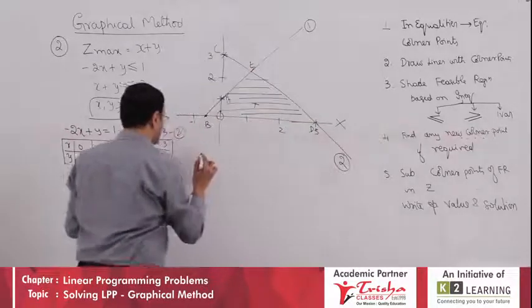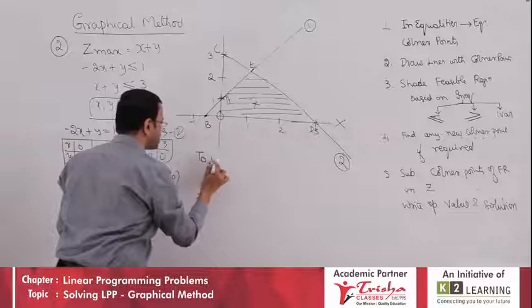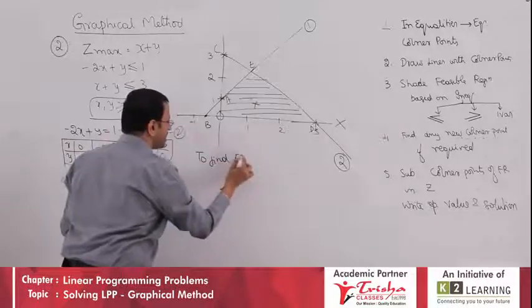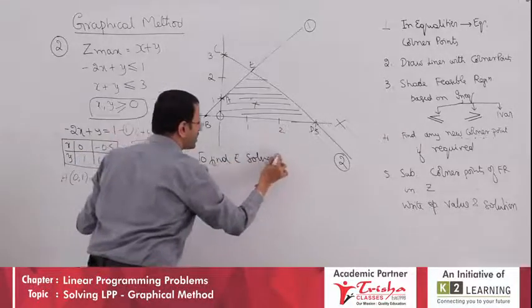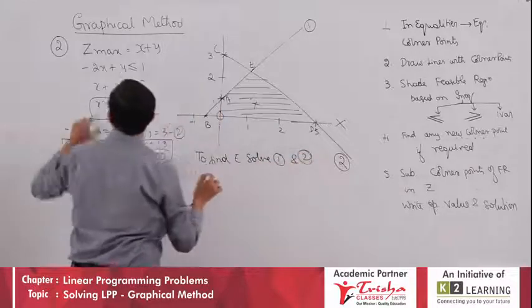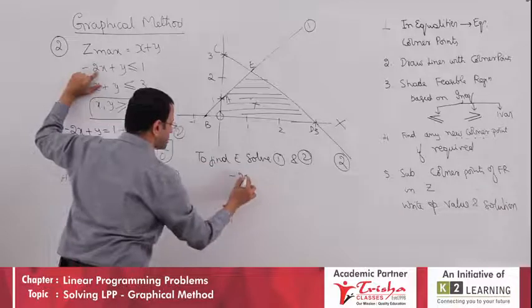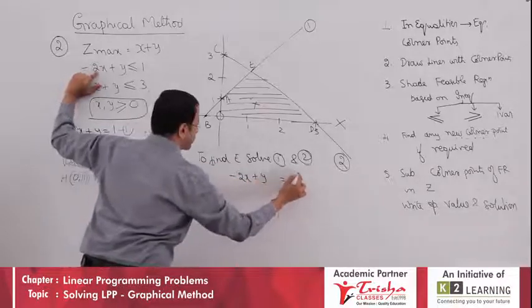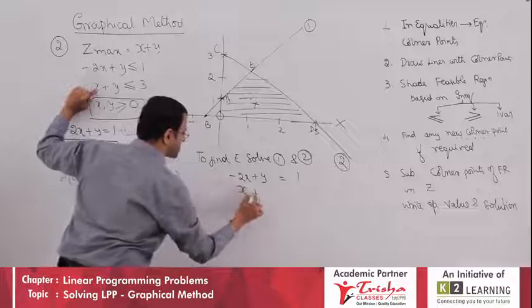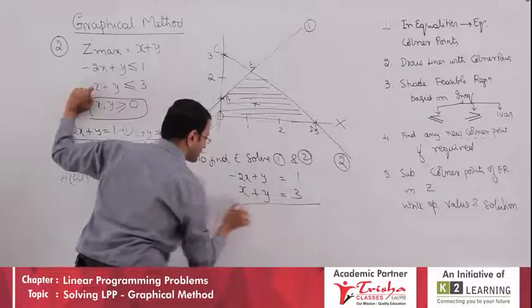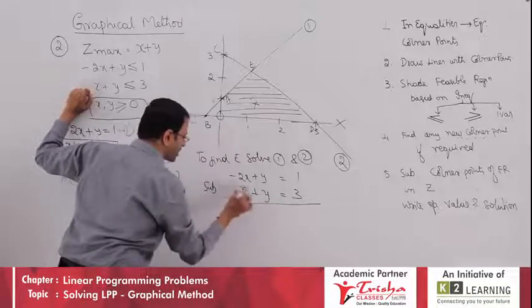How do you find it? To find E, solve 1 and 2. So you have 1, you have 2, how do you solve it? Minus 2x plus y is equal to 1, x plus y is equal to 3. Shall we subtract so that y will get cancelled?